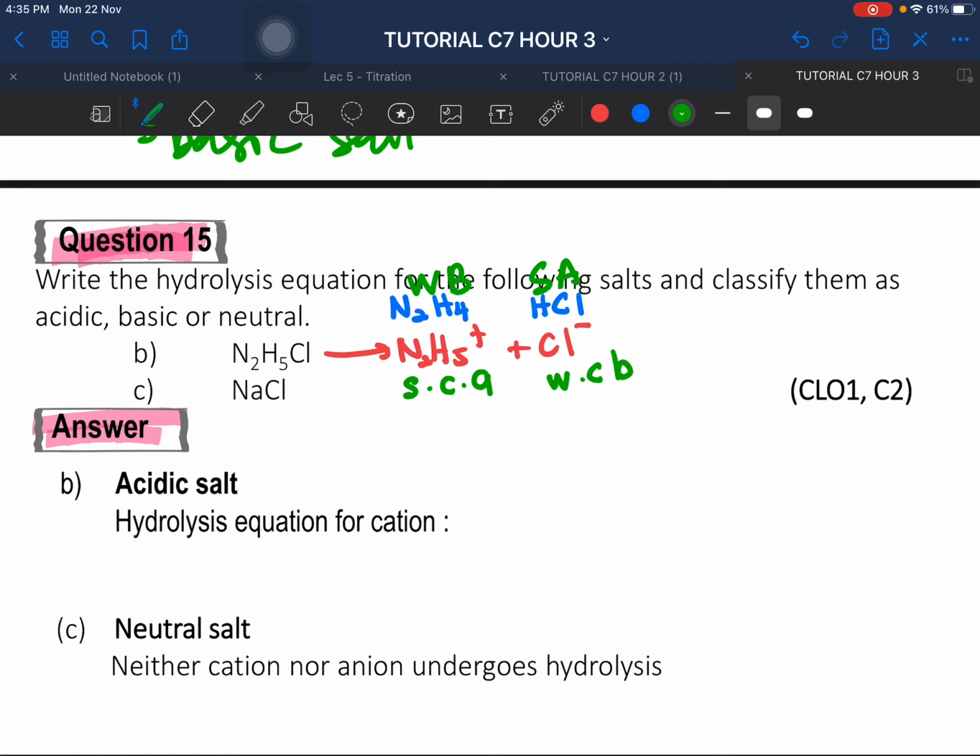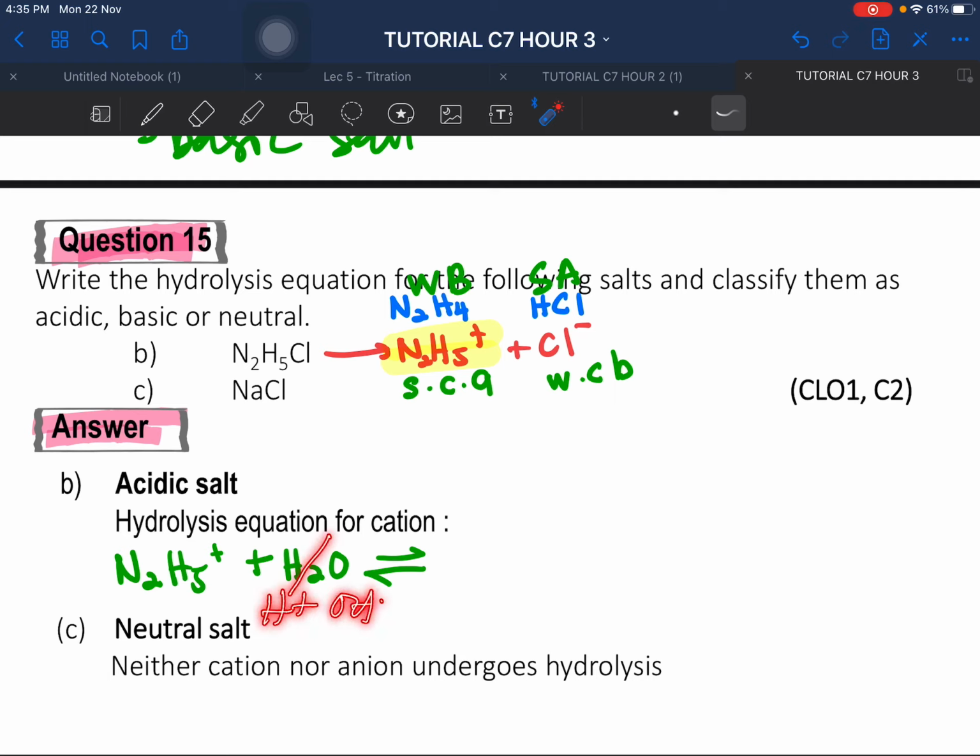So the species that will hydrolyze water is N2H5 plus. So take the N2H5 plus, react with water H2O. So it will break to H plus and OH minus. So the species that will go to the water is the H plus.